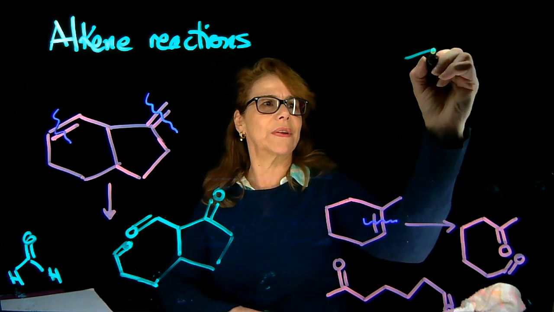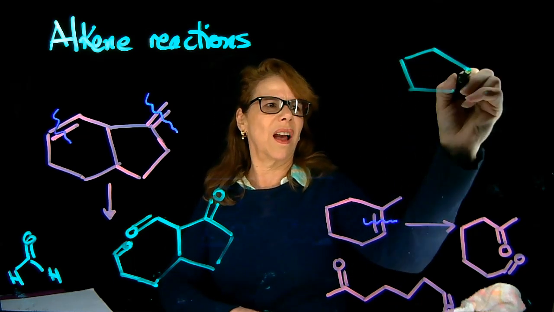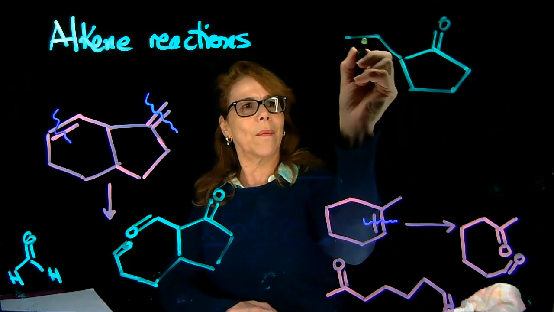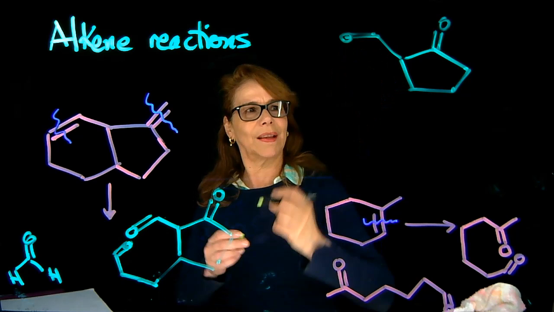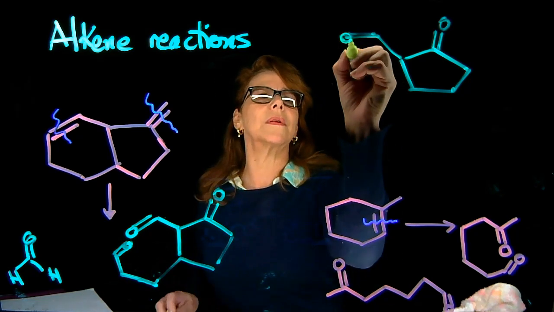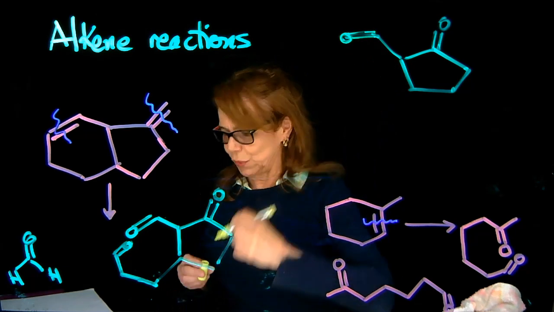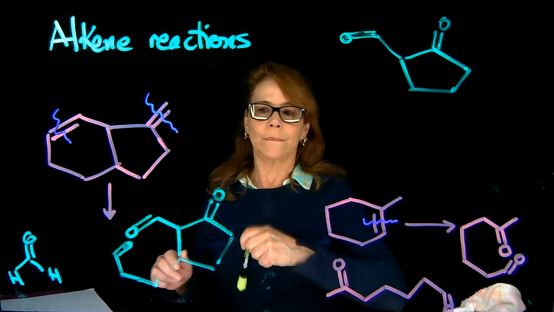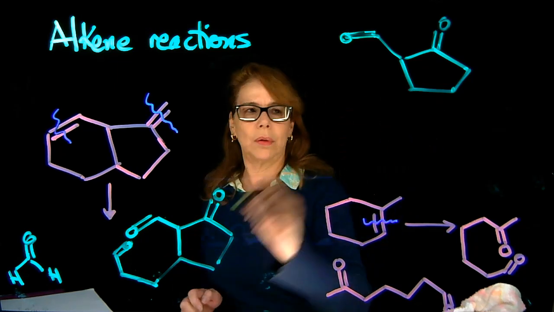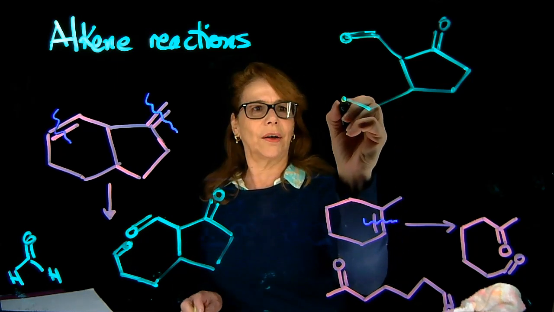So I'm going to start. That was the easier part. That was an aldehyde. Let me get another pen, let's see if this has more ink. On the other end, I have one bond and another bond.